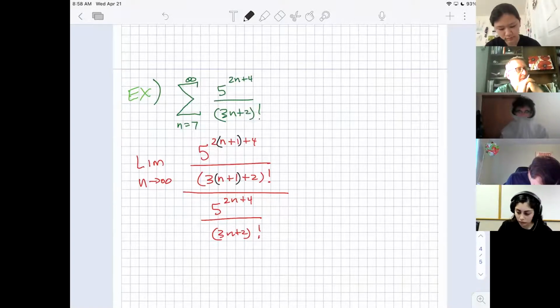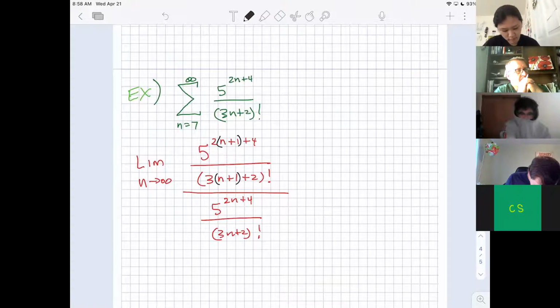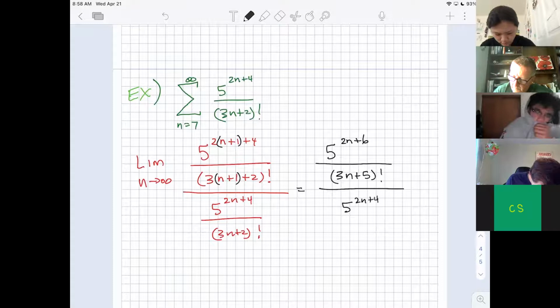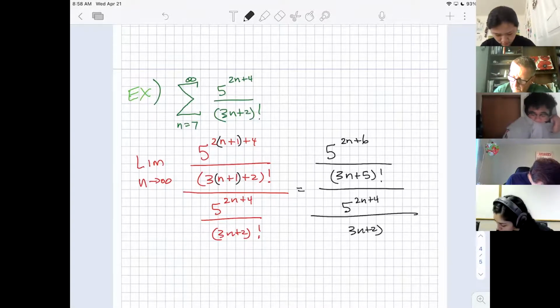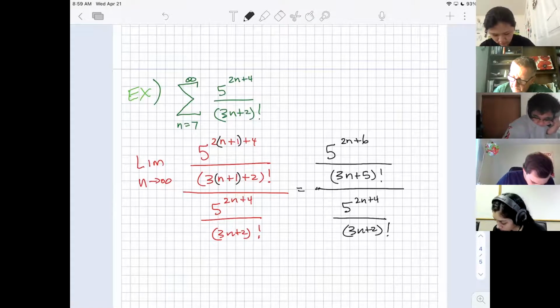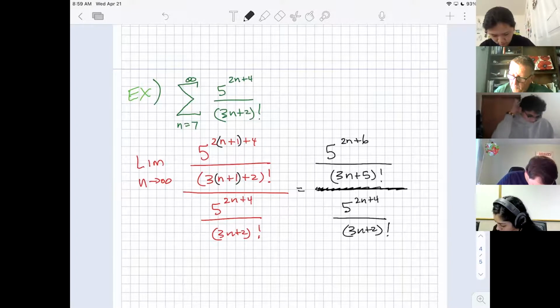Again, that's just kind of a dumb algebra mistake, but hopefully you had something more like that.